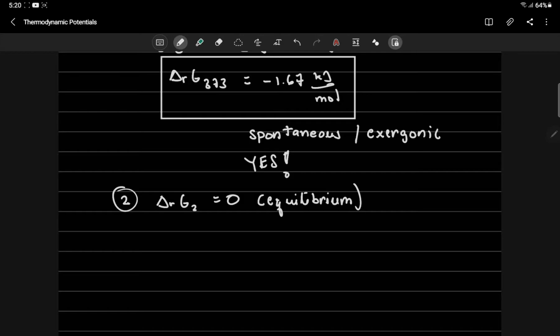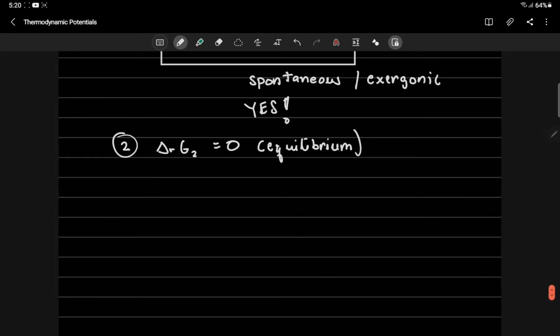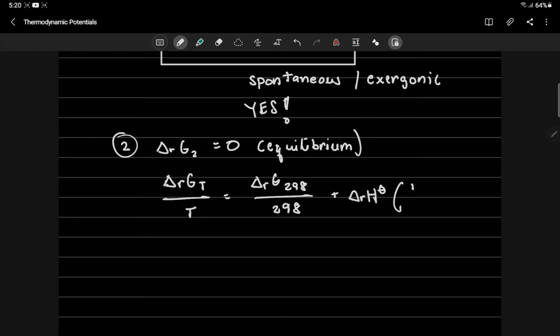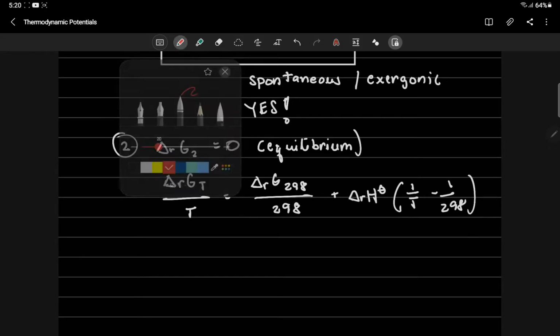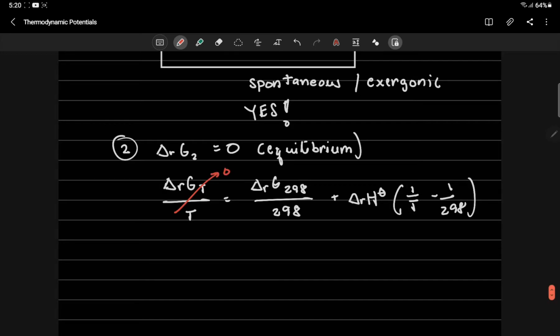So I'll just rewrite the equation once again. So we have the Gibbs free energy at a certain temperature T. T is what we're looking for. Equals the Gibbs free energy at 298, which is given, right? Over 298. Plus the reaction enthalpy is also given, times 1 over T minus 1 over 298. But this term here, yung left-hand side ng equation natin is 0.